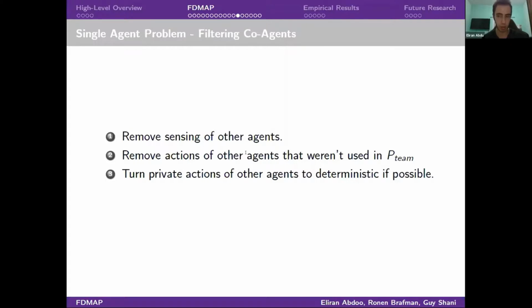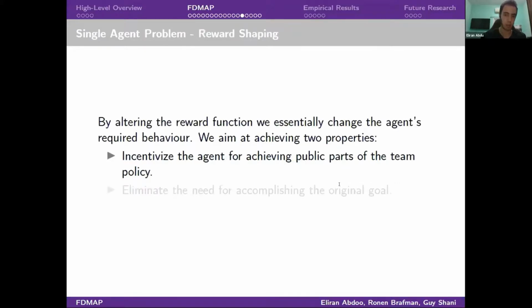So we allow it to simulate other agents' actions, but we don't want it to apply any actions that weren't used at all. And finally, there is the possibility to turn private actions of other agents to deterministic. This is only optional if we assume that the actions have one positive and several negative outcomes. So we can basically simplify the agent's planning of other agents by turning the private actions to deterministic, so it doesn't have to reason about them too much.